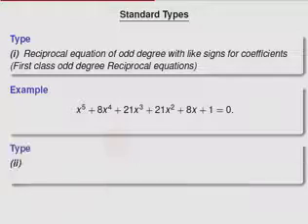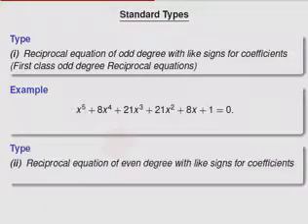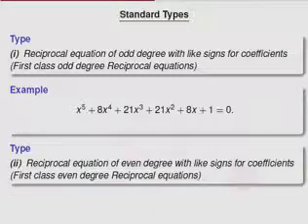And the second type, reciprocal equation of even degree with like signs for coefficients. This means x to the power of an even degree, that is x square, x to the power of 4, x to the power of 6, x to the power of 8, like that.